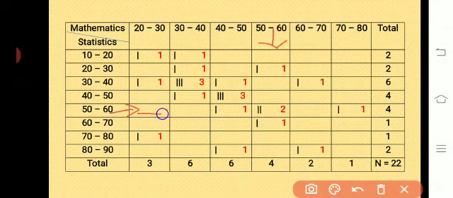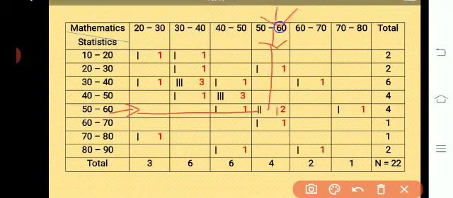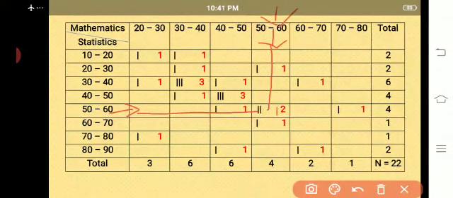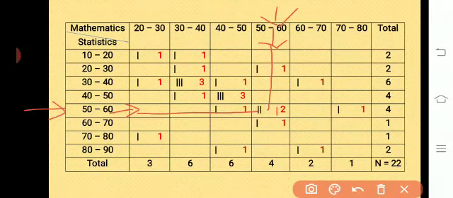So at the intersection of these two class intervals, here, we have to give one tally mark to roll number 1.